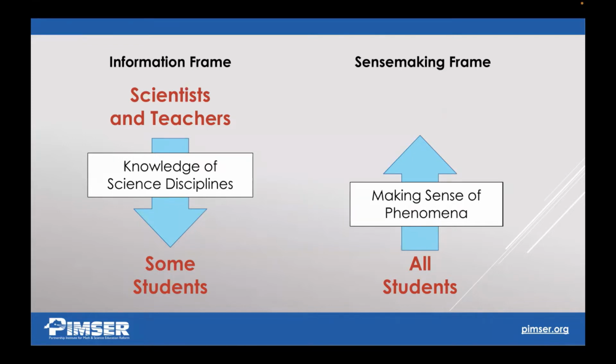And they come to understand these important science ideas by making sense of phenomena. So the students are really the ones who are acting as scientists or engineers in this sense-making frame of instruction.